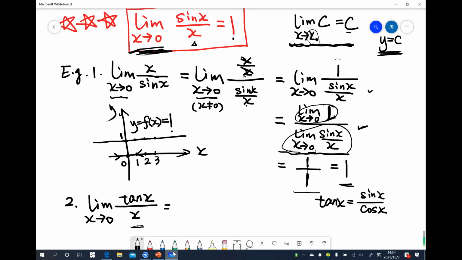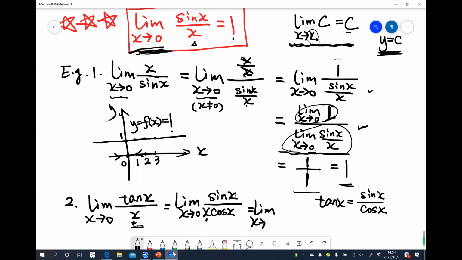So here, I can rewrite this function as x approaches 0 of sine x by cosine x, and here is still x, right? We don't change it. And then we want to rewrite it again to see more clearly.